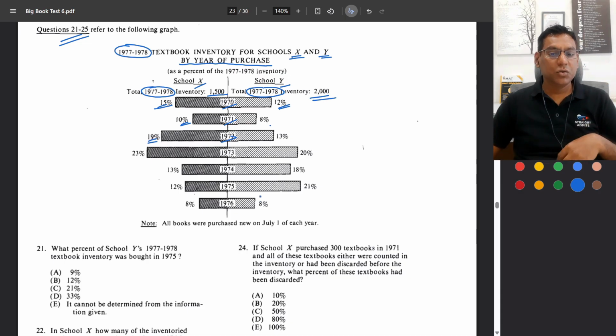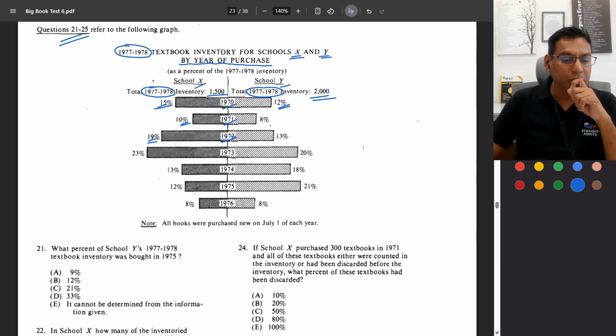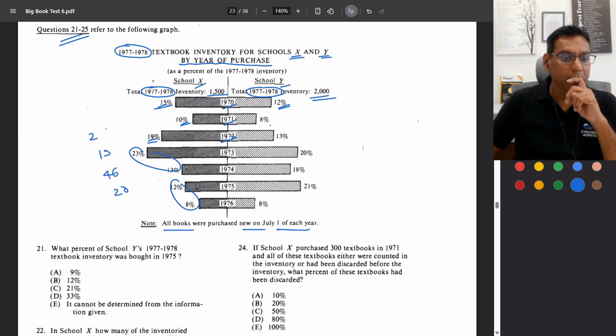Okay, does this add up to 100? All books were purchased on July 1st of each year. So this is 20, this is 46, so 20, 46, 19 and 25.